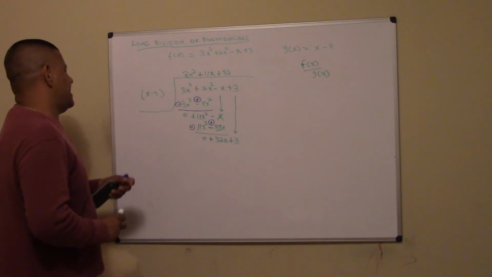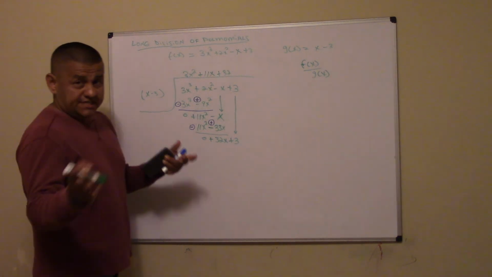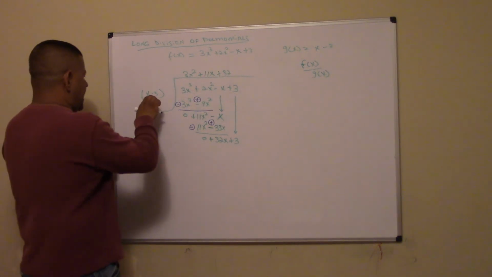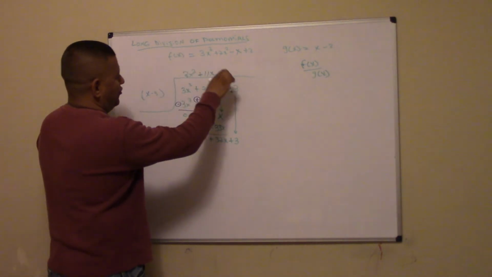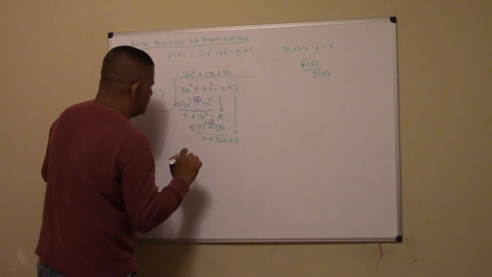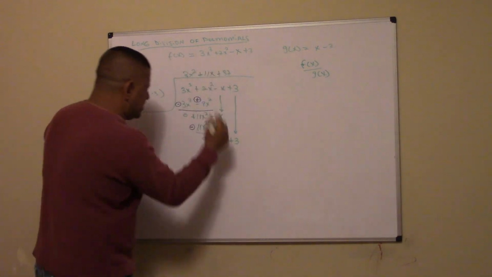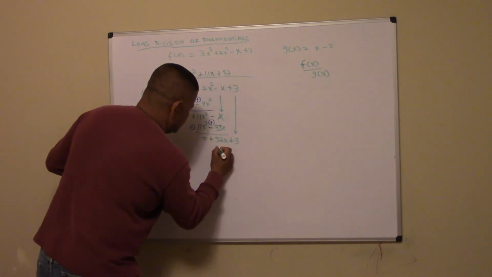Now let's do the process again, multiplying. X times 32 is equal to 32x.